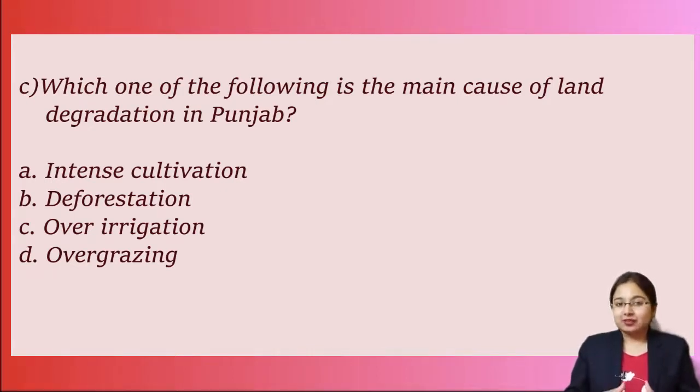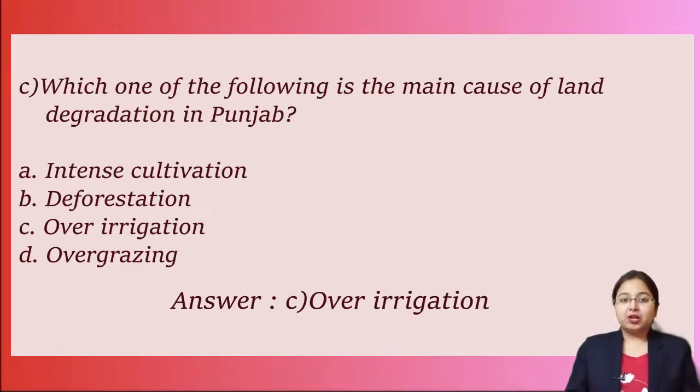Before telling you the answer, children, let me tell you that all 4 options are causes of land degradation. But the question is specifically saying Punjab. So for Punjab, the main cause of land degradation is over irrigation. Due to over irrigation, excessive use of water in order to cultivate the crops, land has degraded, especially in Punjab.